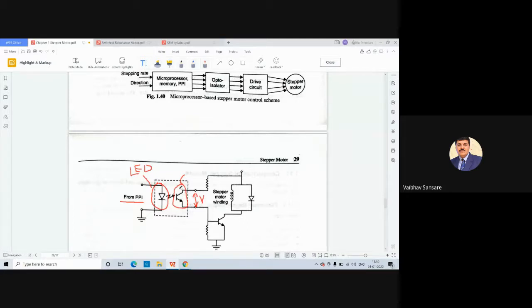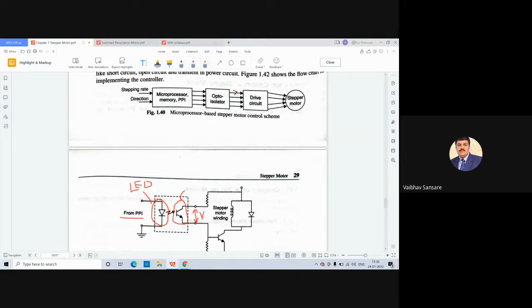Generally we use a photodiode in opto isolators, or it can be any photo collector device. Whenever the light signal generated by the LED or emitter falls on the photo collector, an EMF is generated across it, and this EMF is applied to the gate driver circuit of the semiconductor devices.